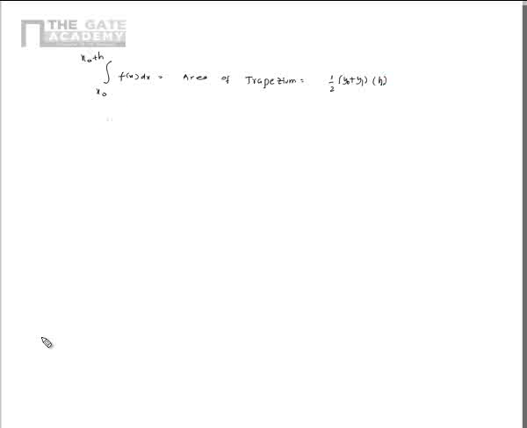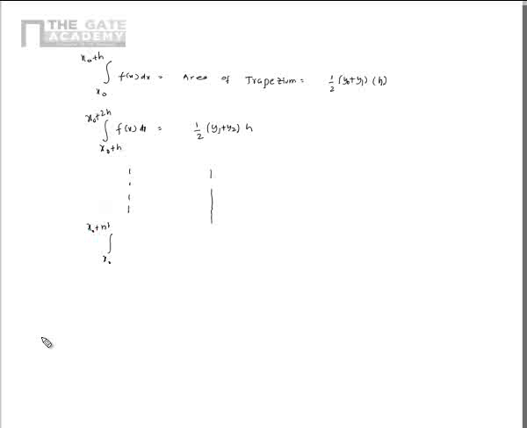Similarly, between x0 plus h and x0 plus 2h, the integral of f of x dx is again half the mean height into the width h. So if you proceed in a similar way, we can write it up to x0 plus nh.